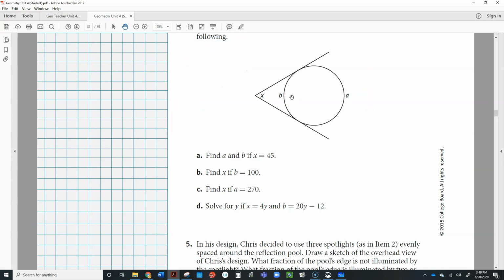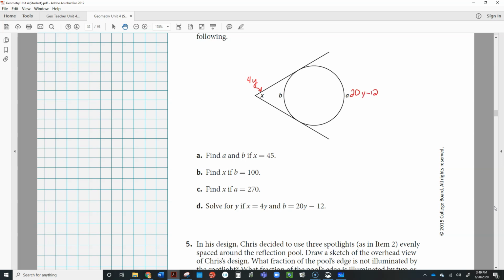Okay, last one is D. It says solve for y if X is 4y, B is 20y minus 12. So X right here, they're calling this 4y, and they're calling this right here 20y minus 12.